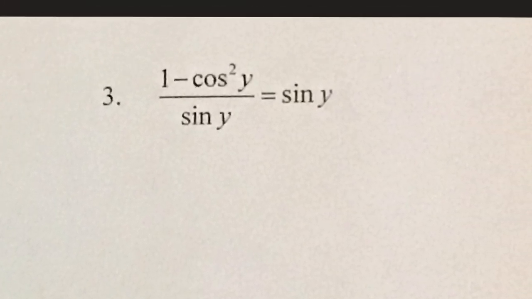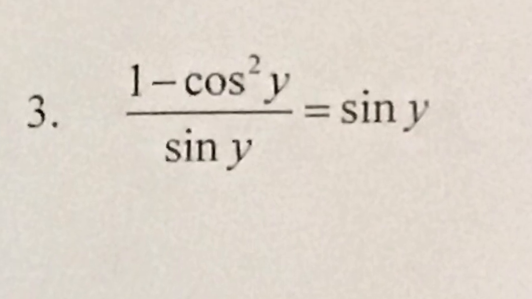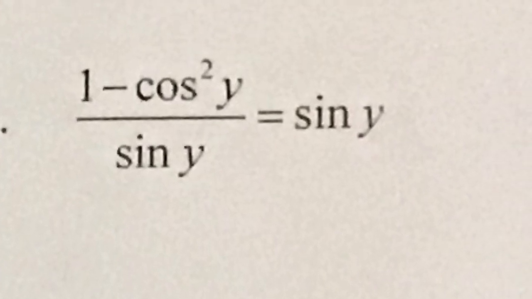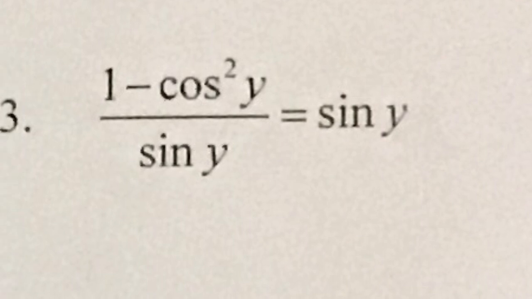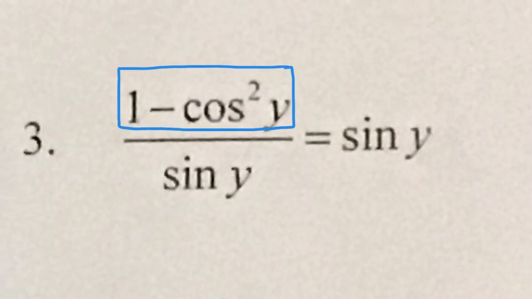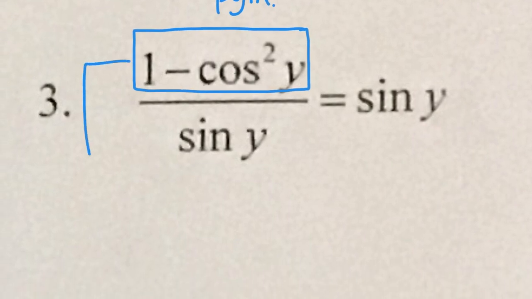So moving over to number 3, we have 1 minus cosine squared, divided by the sine, which is supposed to equal the sine. We are going to use the strategy of getting rid of subtraction if we can. This whole thing, 1 minus the cosine squared, is part of a Pythagorean identity: 1 minus the cosine squared is equal to the sine squared.